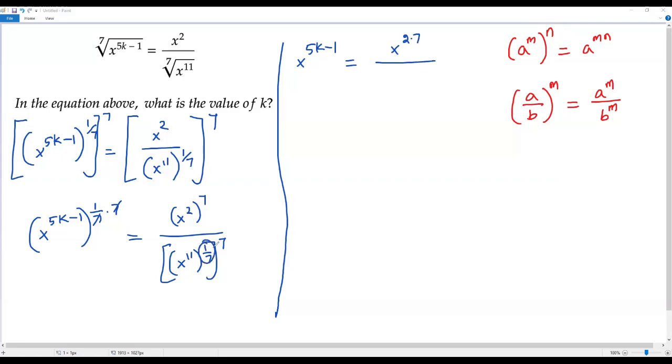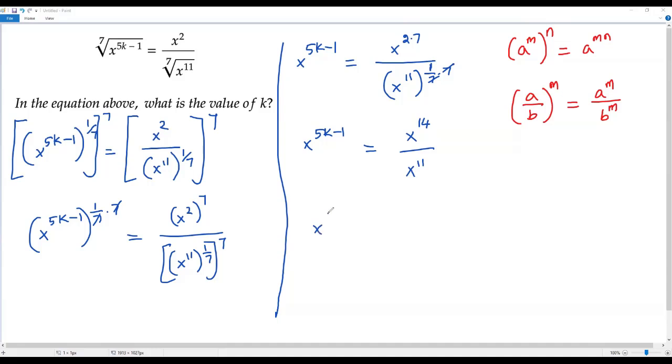We have exponent 1 over 7, again we have exponent 7, so we can multiply the two exponents over here, that is x to the power of 11 whole to the power of 1 over 7 times 7. So the 7 will cancel out. I'm getting x to the power of 5k minus 1 equals x to the power of, when I multiply 2 and 7, it's 14. Here the exponent is 1, and whenever the exponent is 1, we don't have to mention it. We can just consider x to the 11th power.